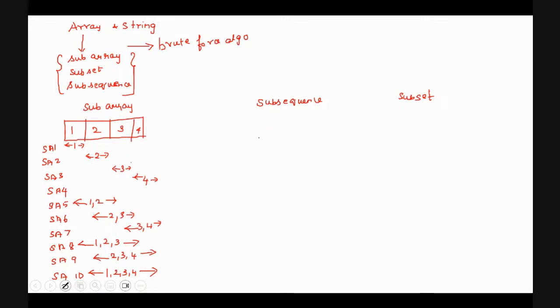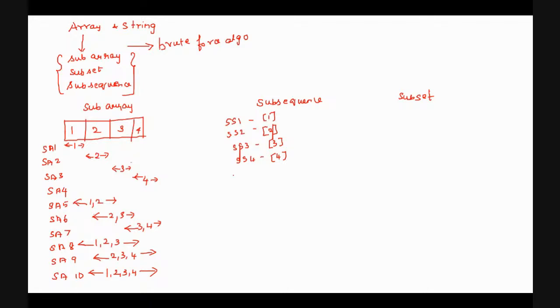So for the same example, how can I form the subsequences? My subsequence 1 can be only the element 1. Subsequence 2 can be only the element 2. Subsequence 3 can be element 3. And subsequence 4 can be element 4.